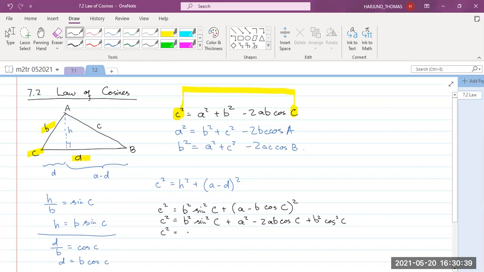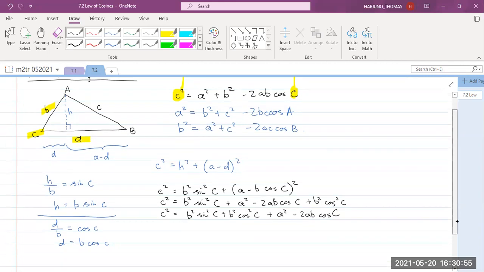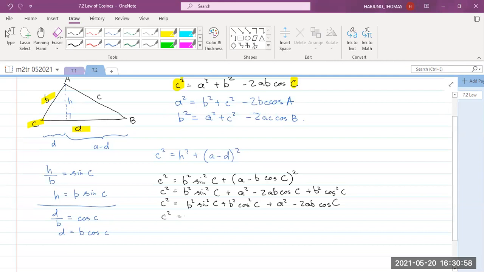So C squared equals B squared sine squared C plus B squared cosine squared C plus A squared minus 2AB cosine C. Now notice that if I factor the B squared here, I get B squared times (sine squared C plus cosine squared C) plus A squared minus 2AB cosine C. But sine squared C plus cosine squared C is 1. Okay, that's the proof.